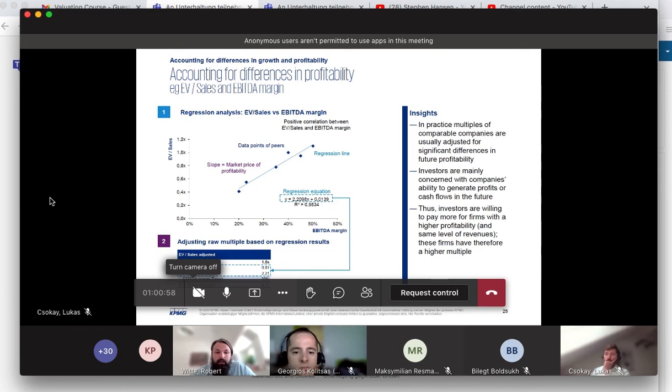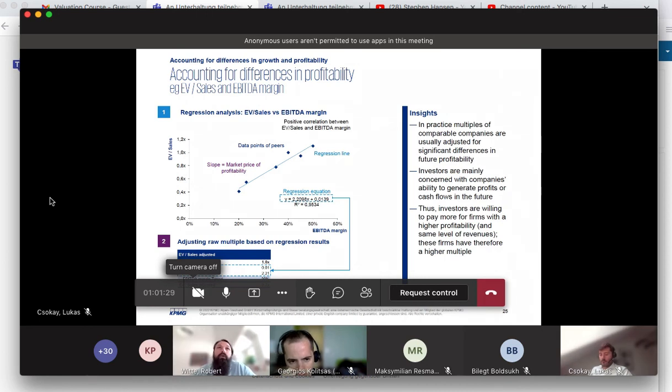So when you say that your company has 50% EBITDA margin, then the data or the regression analysis will show you that, well, you should apply a 1.1 EV sales multiple, right? And this is just because, and this is very important, I think, in business valuation in general, but specifically when you're applying a multiple valuation, it's a very quick shortcut to your value, right?